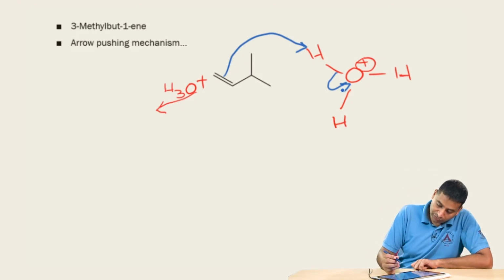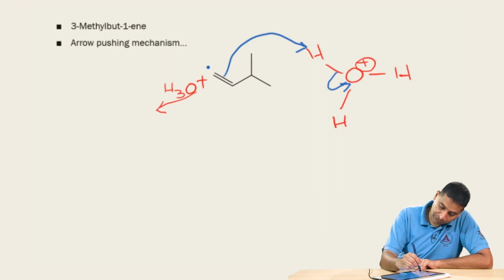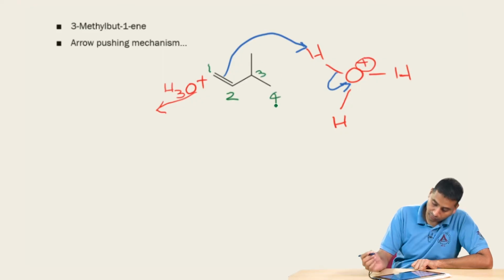Before we go further, let us number the carbons in this molecule, which I will do in a different color. This is carbon number 1, this is carbon number 2, this is carbon number 3, and this is carbon number 4. On the 3 position you have a methyl group. Therefore, it becomes 3-methyl-1-butene.